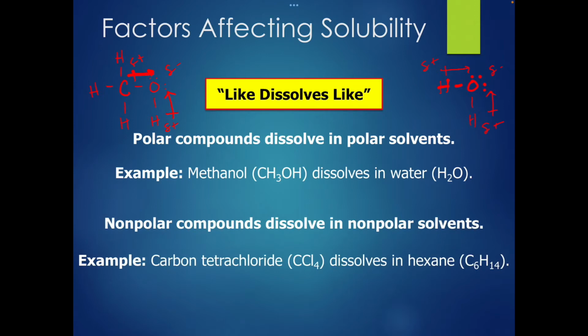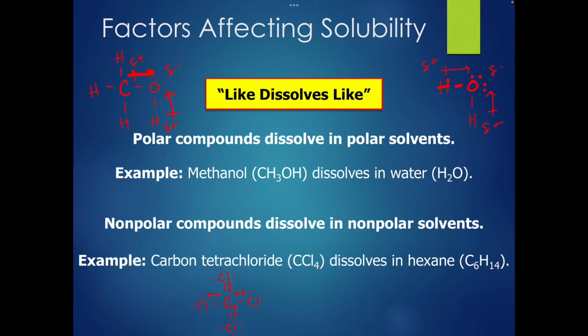So similarly, nonpolar compounds dissolve in nonpolar solvents. So carbon tetrachloride looks like this, and I'm not going to draw out hexane because it's a really large molecule. You'll have to trust me that it's nonpolar. But carbon tetrachloride looks like this. And even though carbon tetrachloride has polar bonds, because all of those dipoles are equal and opposite, that makes this entire molecule nonpolar.